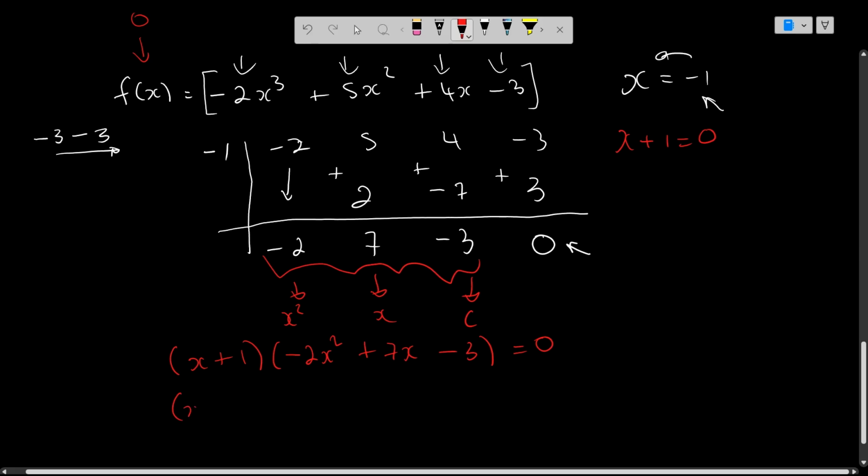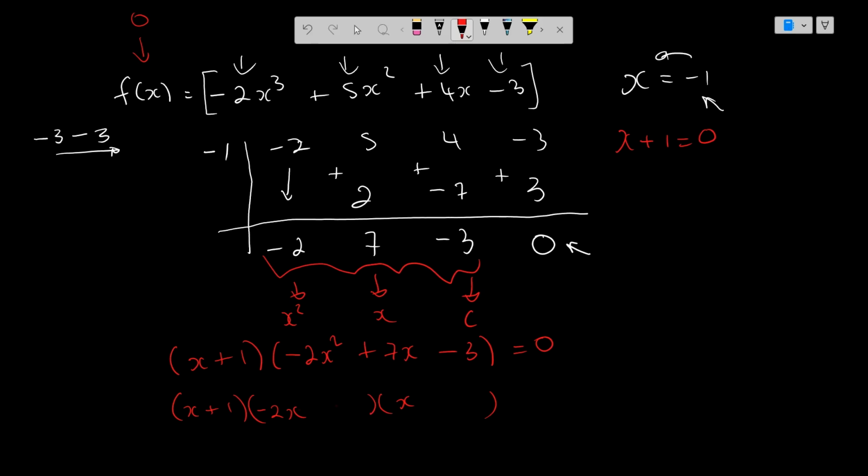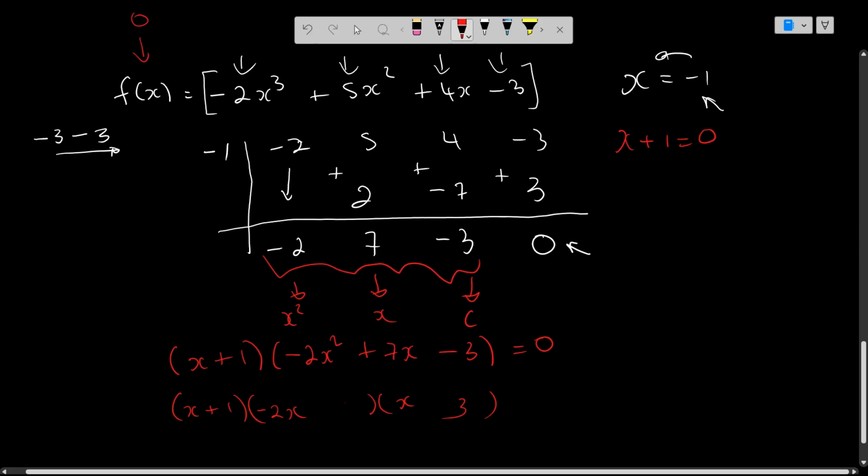So you will have x plus 1, and then you use these two brackets. Here you have negative 2x, here you have x, so the factors of 3, that's 3, that will give you 6, if you put 3 and 1 here, and then you notice that this here is a positive.